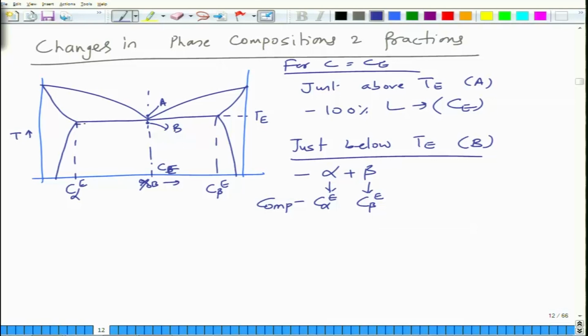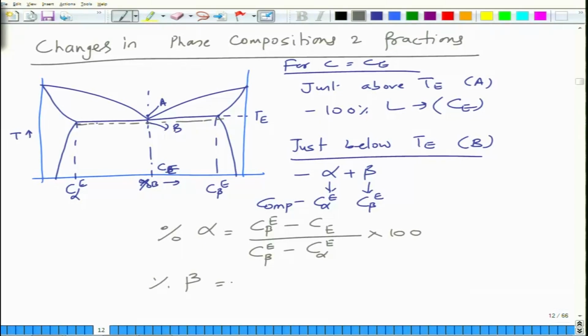Okay. So we draw the tie line, and the percentage of alpha is nothing but C beta E minus CE divided by C beta E minus C alpha E, into 100.